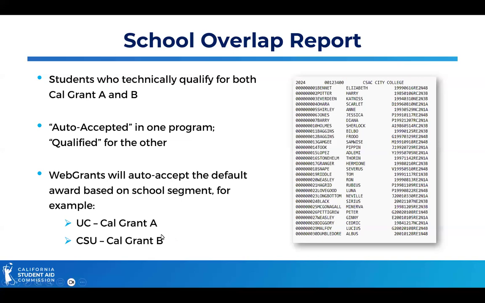Not every campus does that though, or will offer that, or not every student is eligible for the SUG. So this report might be helpful for you to say, hey, this student was eligible for the Cal Grant A. We're going to flip that student's award so that she can have full coverage of tuition and fees in year one. There might be other uses for this report, but again, play with it and see how this might help you in your practices.